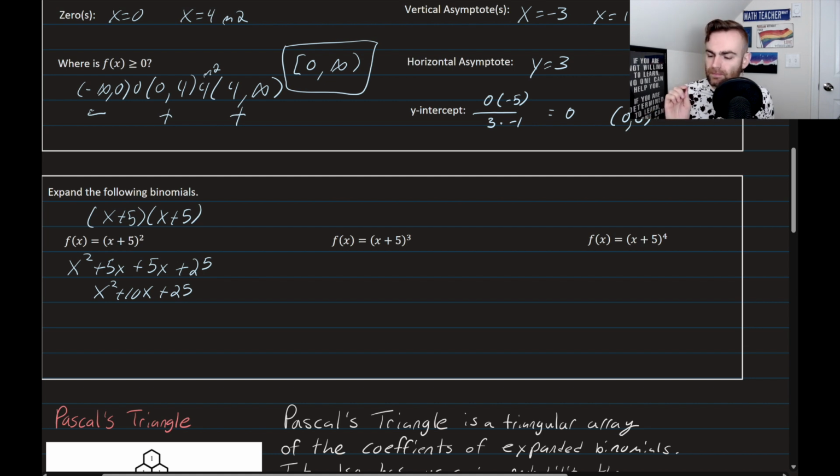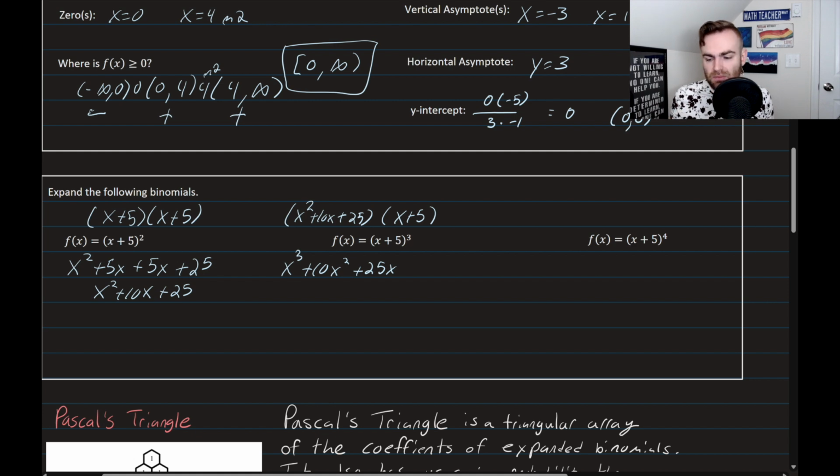Cubed. Well, that's just squared with another factor, right? So this is x plus 5 squared times x plus 5. And we actually already know what x plus 5 squared is, so let's replace it. We know that that is x squared plus 10x plus 25. So what I'm going to do is multiply each of these terms by x: x cubed plus 10x squared plus 25x.